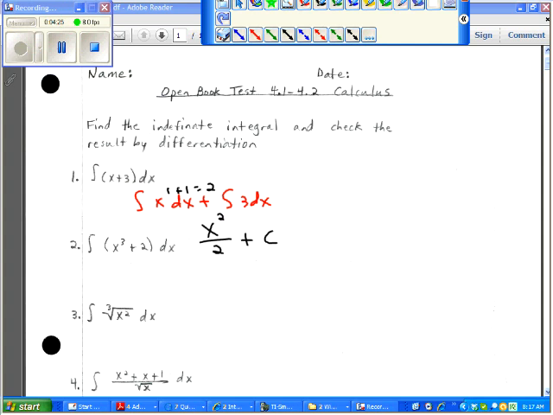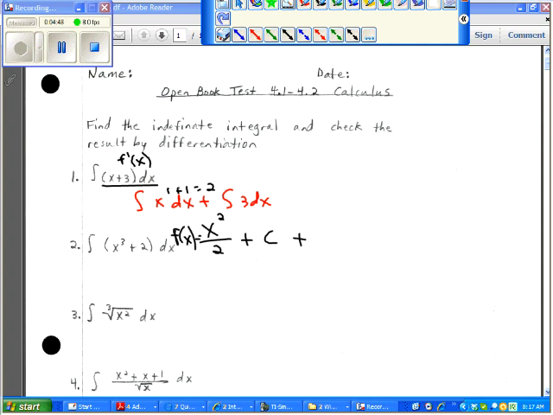Now, when we find the integral, what have we found? The integral takes us back to the original function f of x, because this is f prime of x, right? So we're doing the integral of the derivative, which takes us back to the original function.